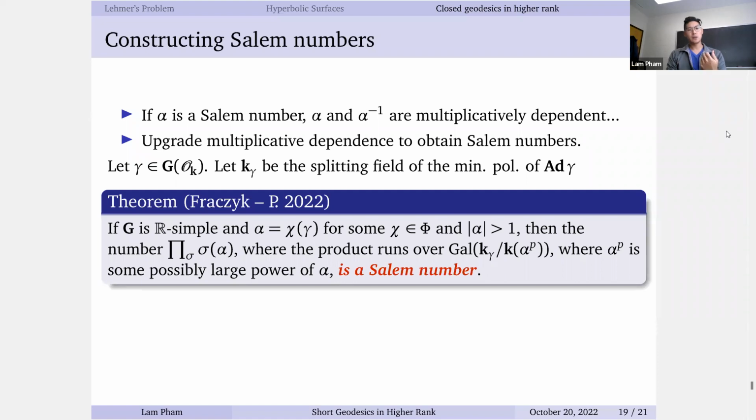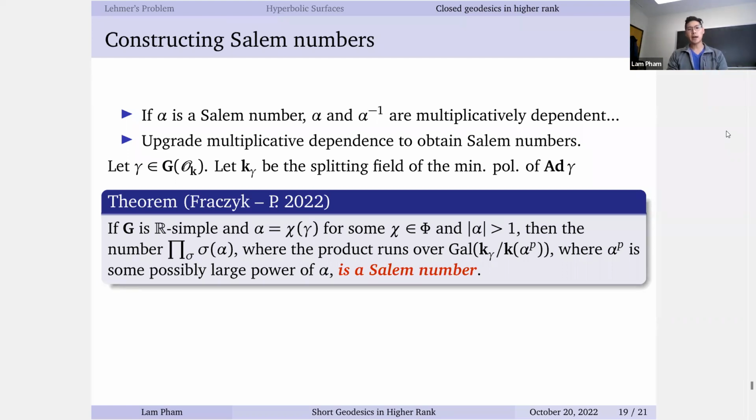So you take a simple algebraic real group G, and you look at the value of a character chi of gamma. And now this value chi of gamma, you want to assume that, of course, the absolute value is greater than 1, so that you're always focused on the correct short geodesics, those which do not give you a Mahler measure of 1.